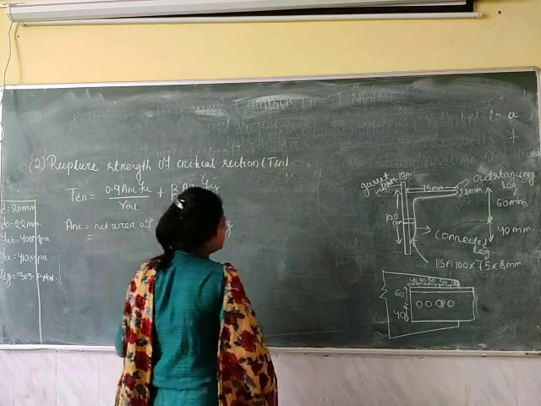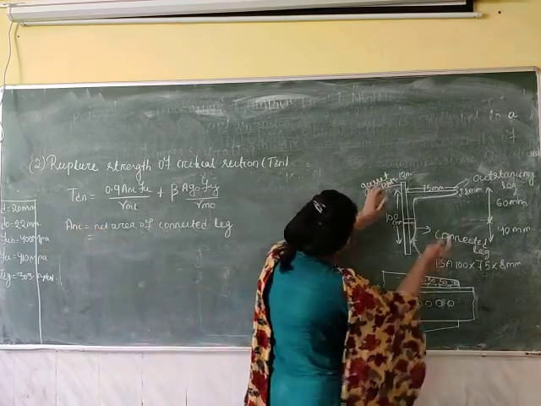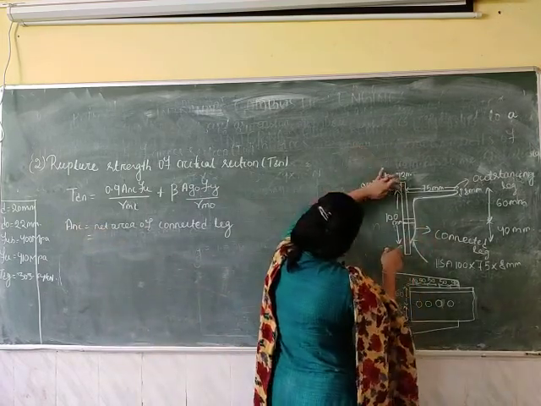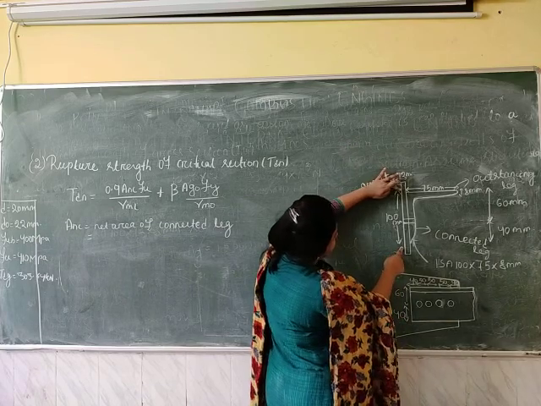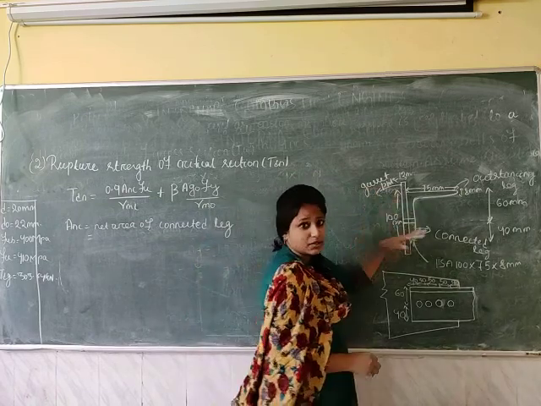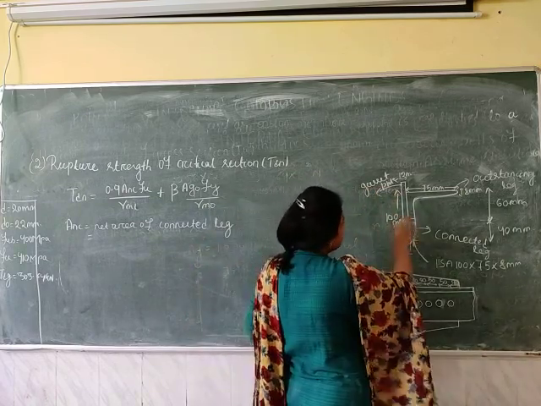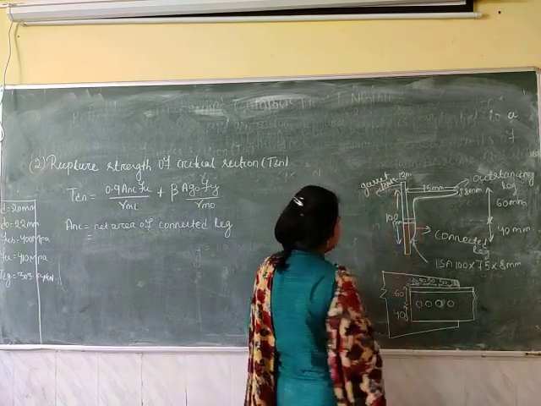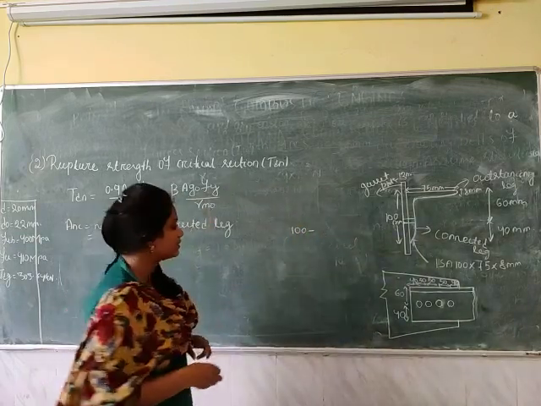If we calculate the net area of the connected leg, we take this total length, 100 mm, and deduct the bolt hole dia, which is given in the question as 20 mm.